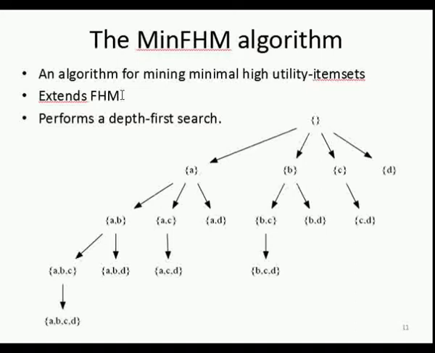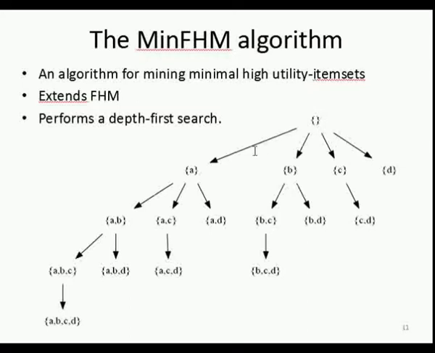It does a depth first search. On this picture, you see the search space for all item sets with the items A, B, C, D as an example. We can see this as a tree, which we call a set enumeration tree. At the root of the tree, we have the empty set.